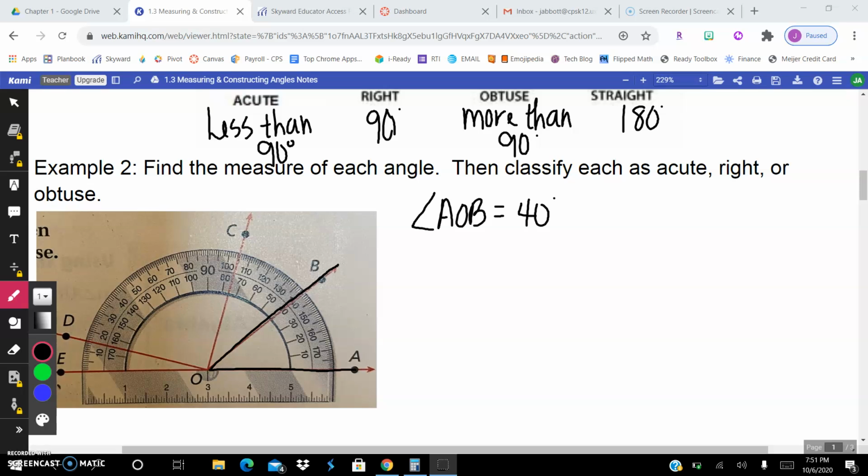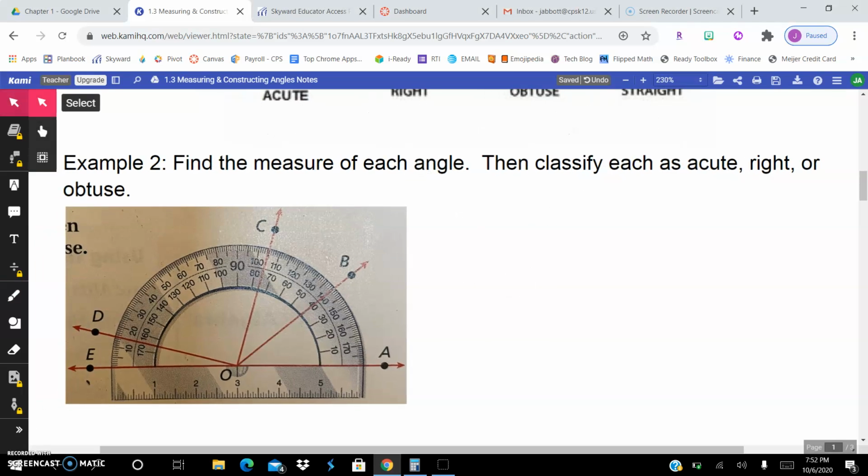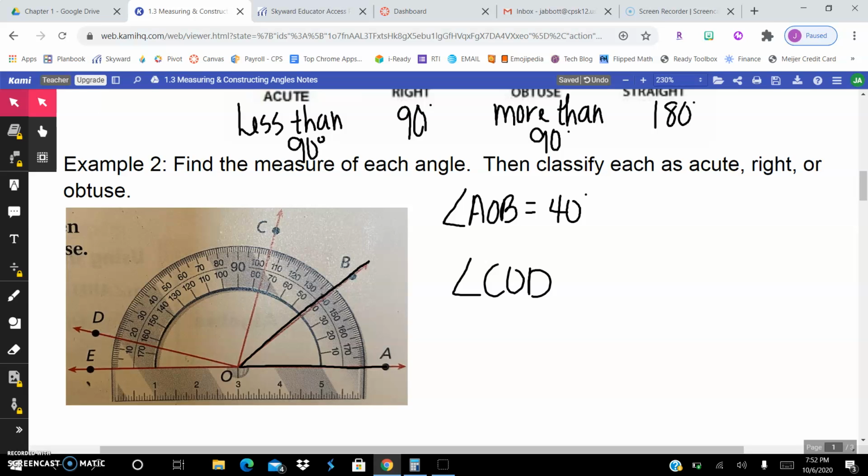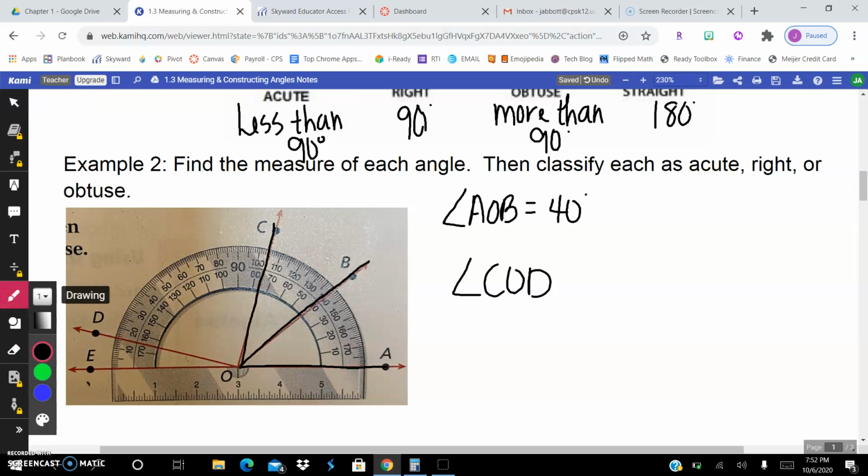The other angle that they want the angle measure on is angle COD. So COD would be right here. And that looks like it goes through at 15 right here. And this one goes through at 105.